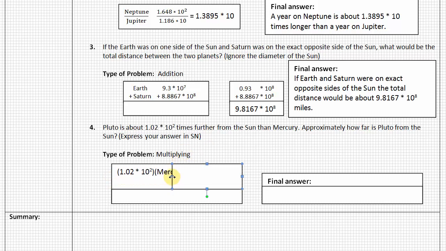And as I just said, we're going to multiply this value here times the distance that Mercury is from the Sun. So I've gone ahead and set it up here using the information from our problem and from the chart. Go ahead and see if you can solve this problem, and then we'll compare our work.